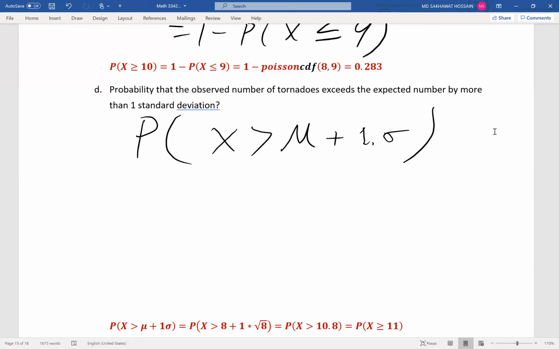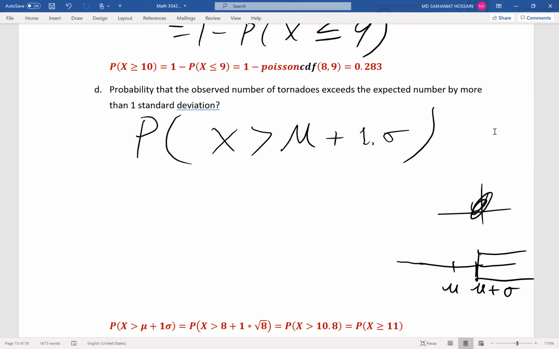That means mu plus 1 times the standard deviation. So if our mu is here, 1 standard deviation greater means mu plus sigma. So we are looking for the probability for this part.